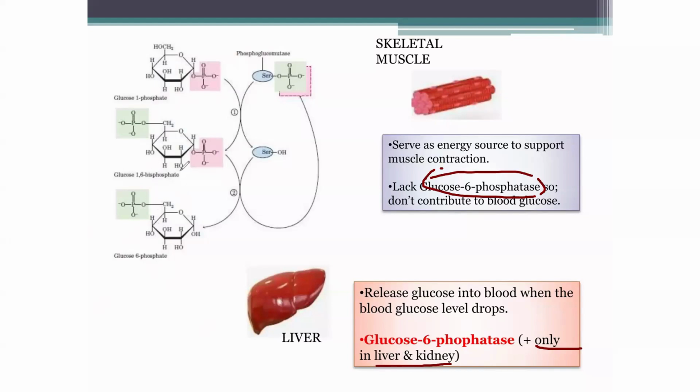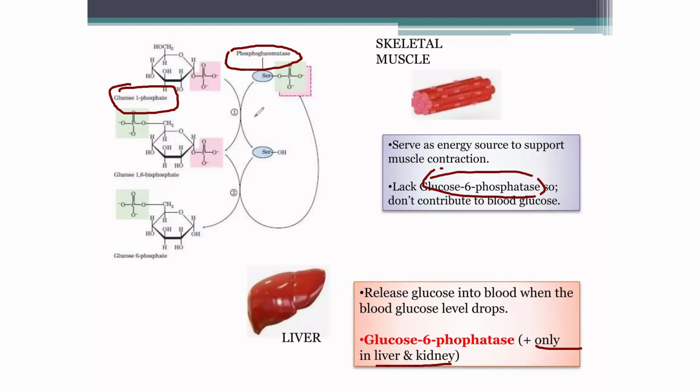So first, we have glycogen in the liver. The enzyme glycogen phosphorylase will release glucose 1 phosphate. Then, after glucose 1 phosphate is generated, the enzyme phosphoglucomutase will change the position of the phosphate from glucose 1 phosphate to glucose 6 phosphate.